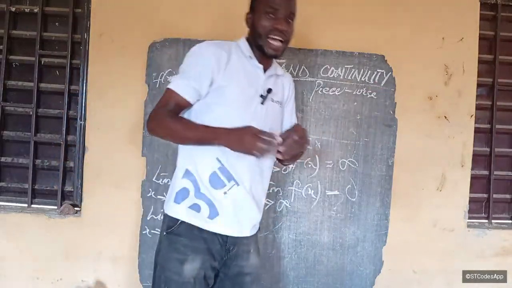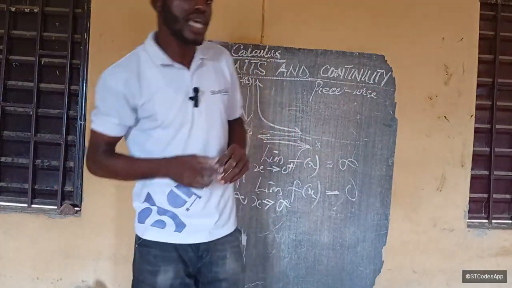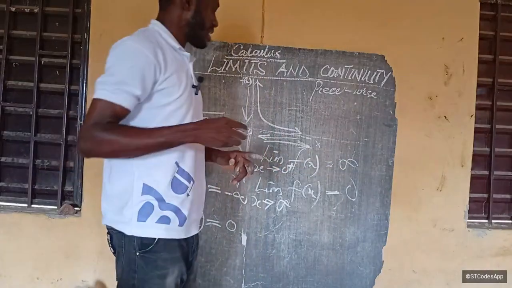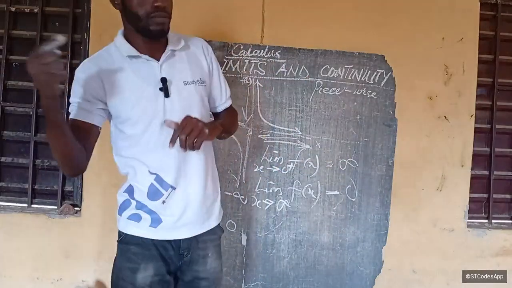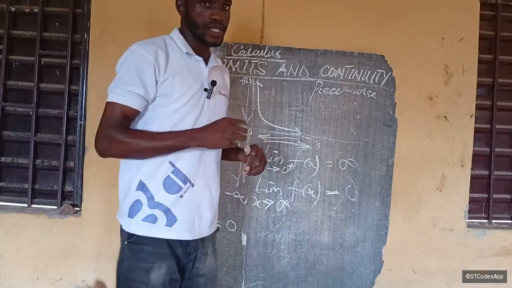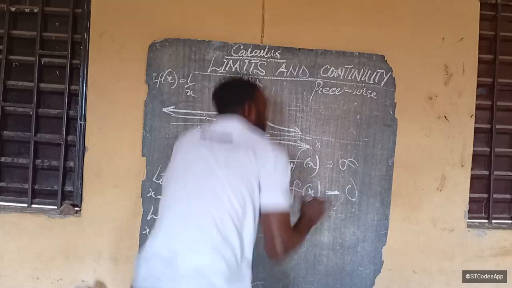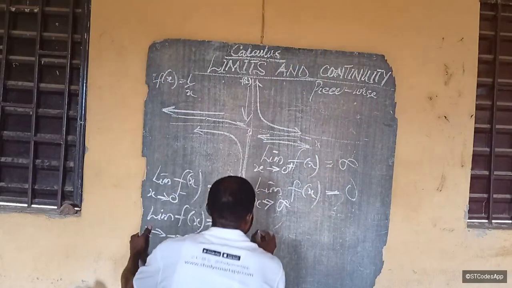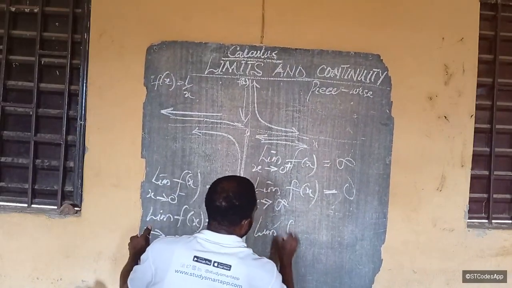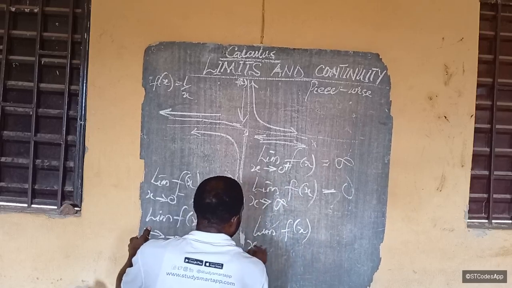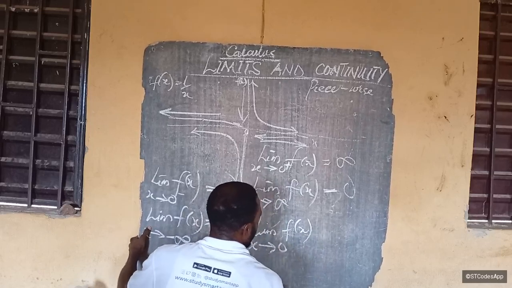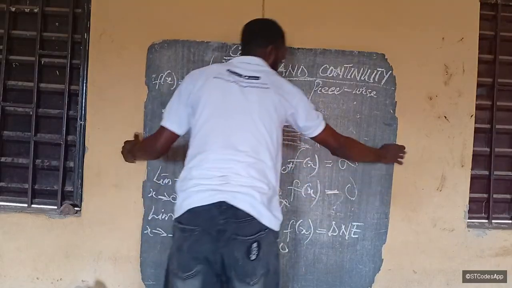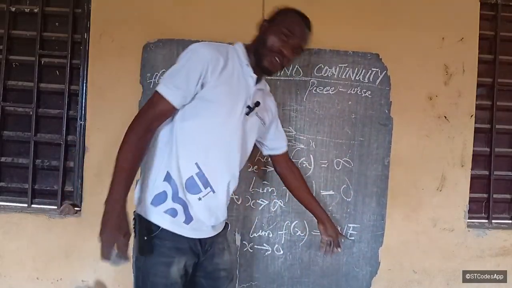When the right-hand limit and the left-hand limit are not equal, we say that the limit does not exist. So for a limit to exist, it means that both the right-hand limit and the left-hand limit must be equal. So this way we now write, if we wanted to take limits from both sides, the one I wrote before, the limit of f of x as x tends towards 0 is going to be does not exist. DNE means does not exist.